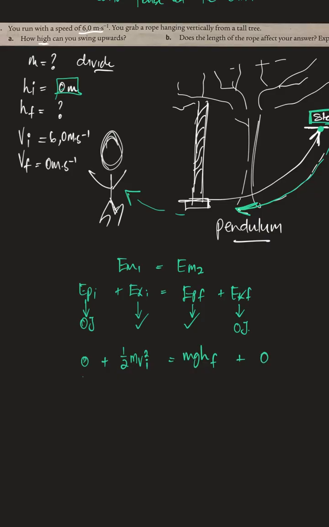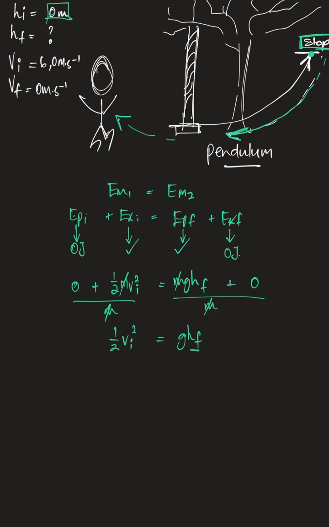Now I'm going to divide both sides by m so that I don't have to deal with that. So now I've got half V initial squared is equal to g h final. And all I have to do is solve for h final. So I've got half times 6.0 squared. 6 squared is 36, times a half, which is 18.